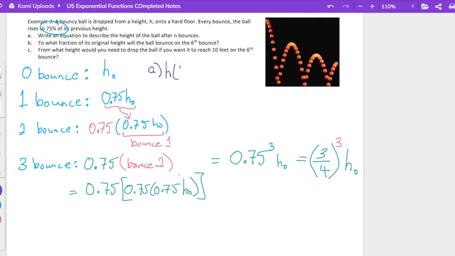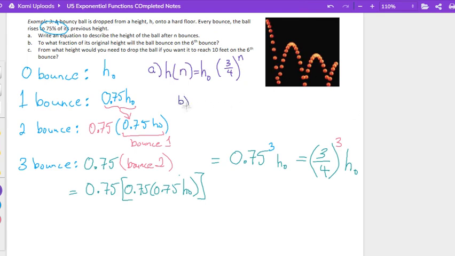So instead of time t, our height at n bounces is going to be the original height times 3/4 to the power of what? Oh, n, right? So this is not half-life, but this is another example of decay.